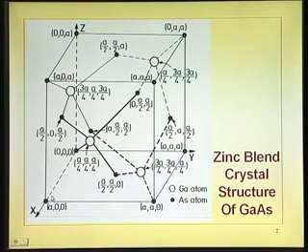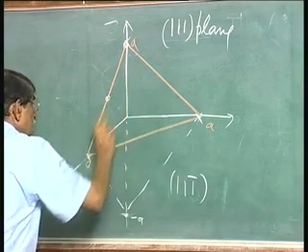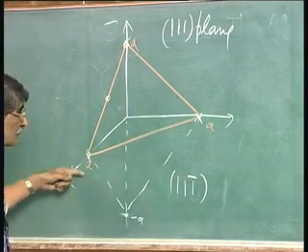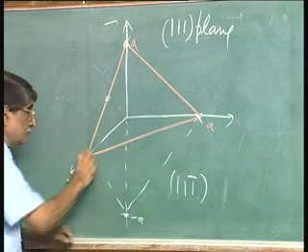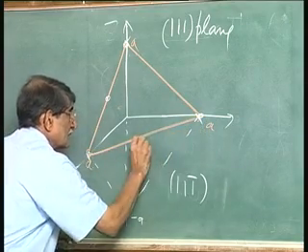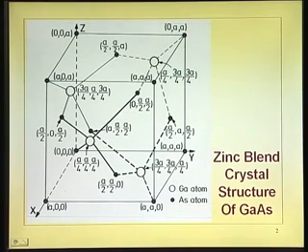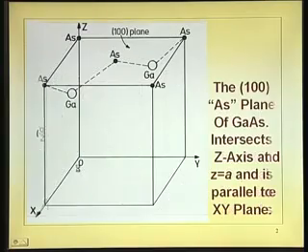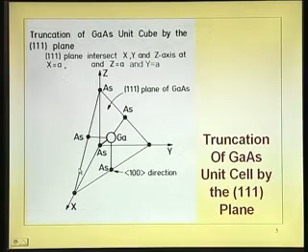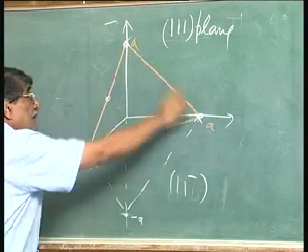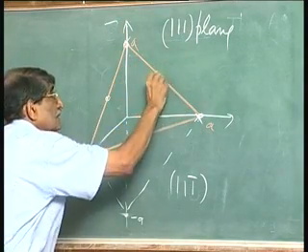So, that is why you have got here arsenic, arsenic, arsenic, and on this plane you have got arsenic, arsenic, arsenic. Okay. So, that is what you can see here. Now, go back to this. Okay. So, all the atoms you have marked now, and on this plane, the back side of that plane, that is one atom.